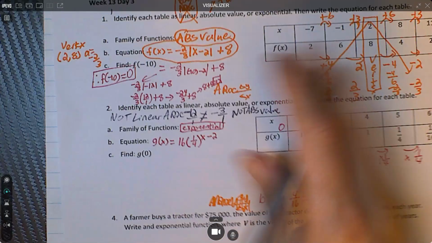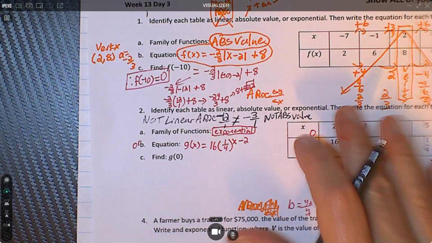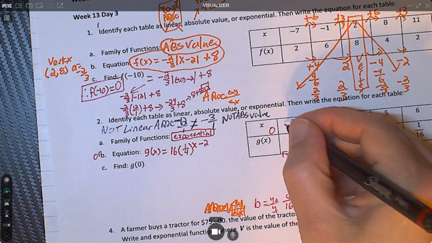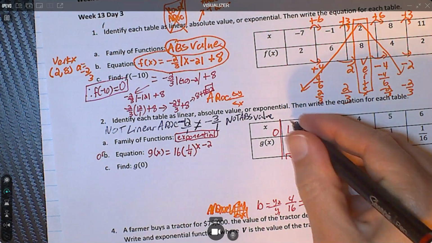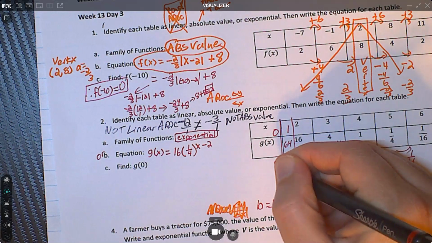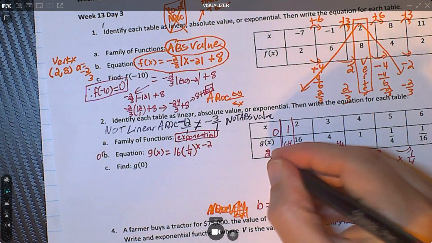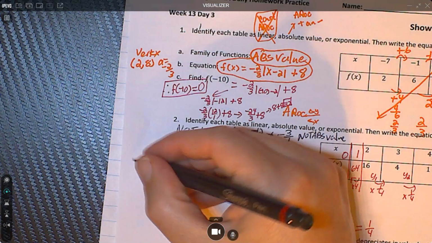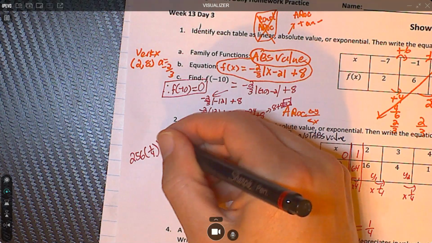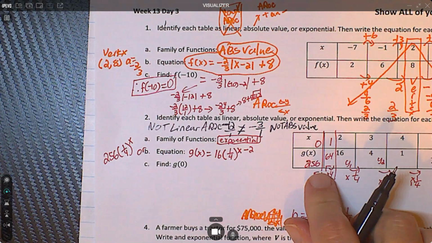Or you could write a different equation: you could multiply. So if I go back 1, you could multiply by 4, and then I could multiply by another 4, and I could get that 256. So you could do 256 times 1/4 to the x. Okay, but we're trying to find, it's got a phase shift.